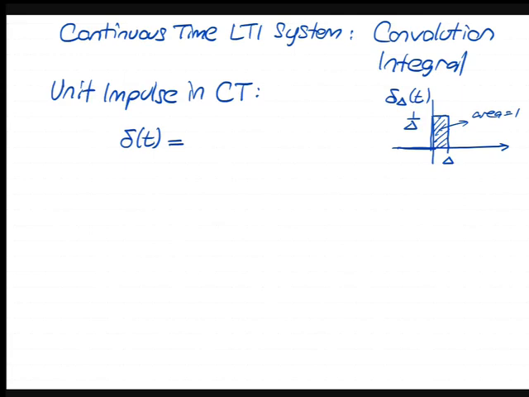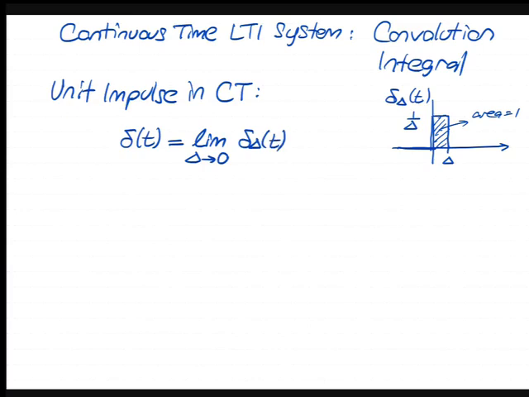It becomes this weird creature that has zero width but infinite amplitude, and somehow still area equal to 1 underneath. Whatever that means is the definition of the Dirac delta. So delta of t is interpreted as the limit of this family of functions parameterized by delta as the parameter delta goes to 0.